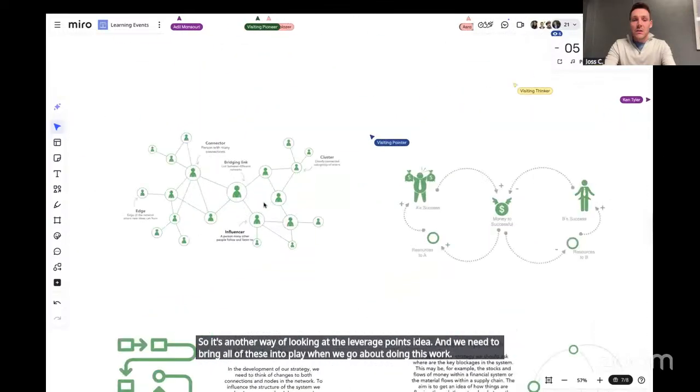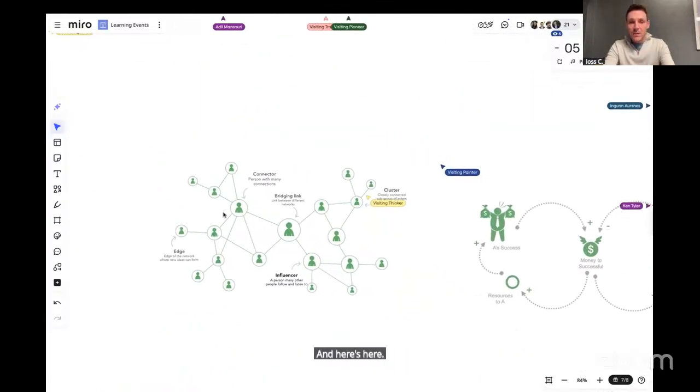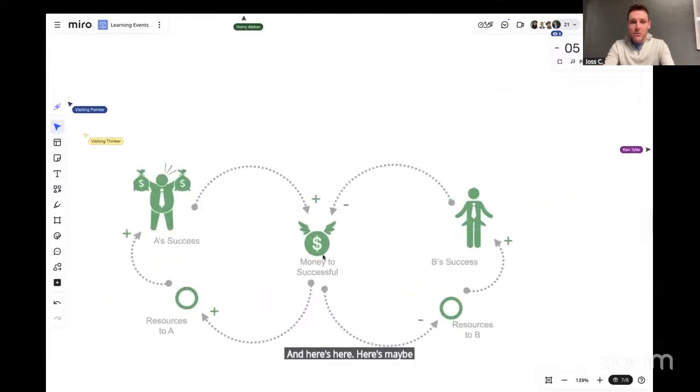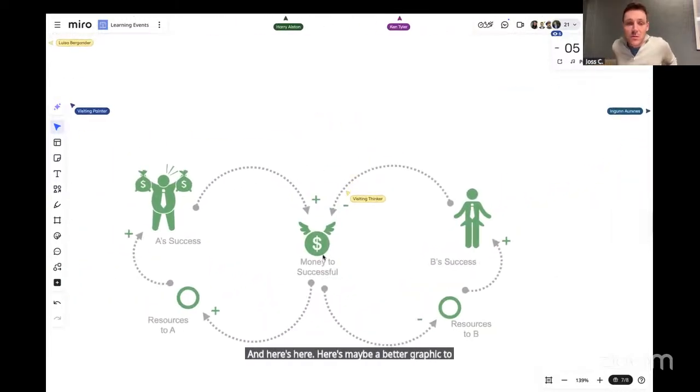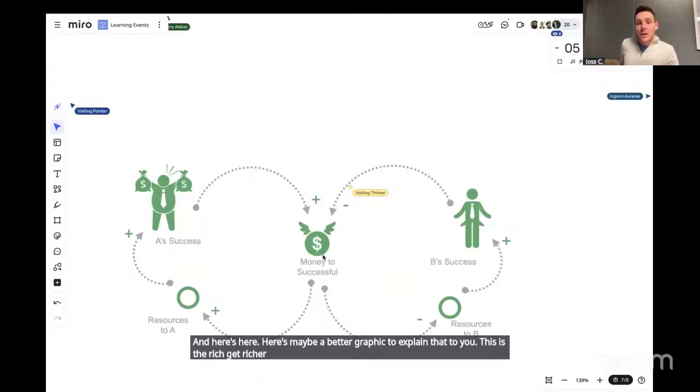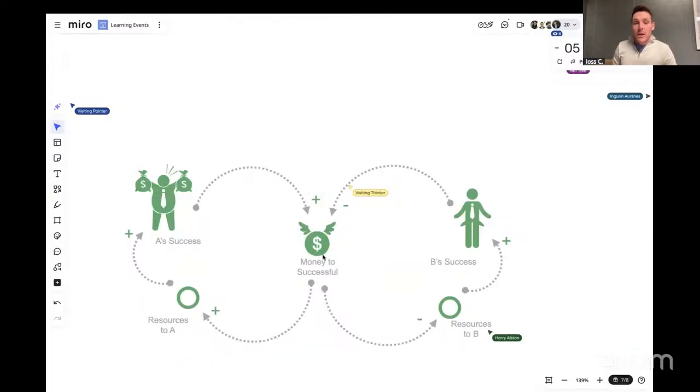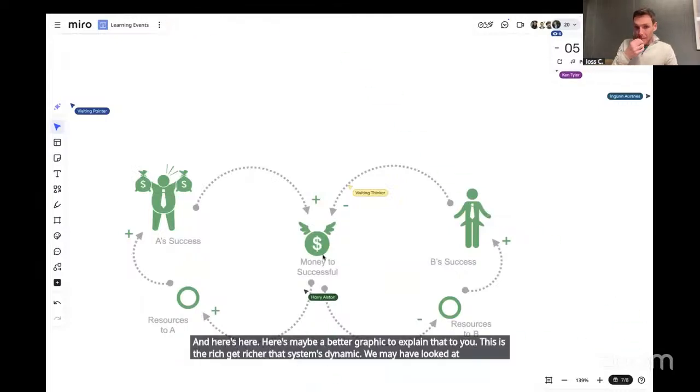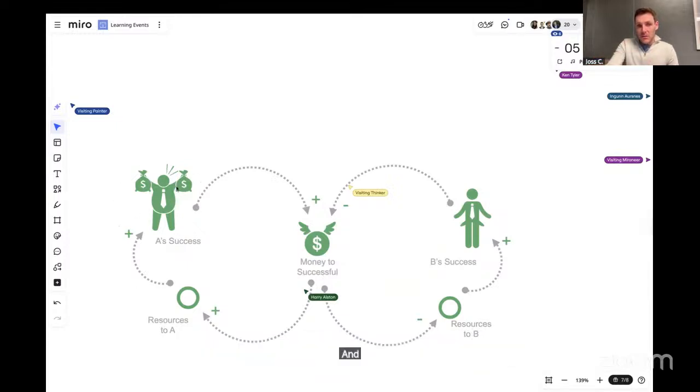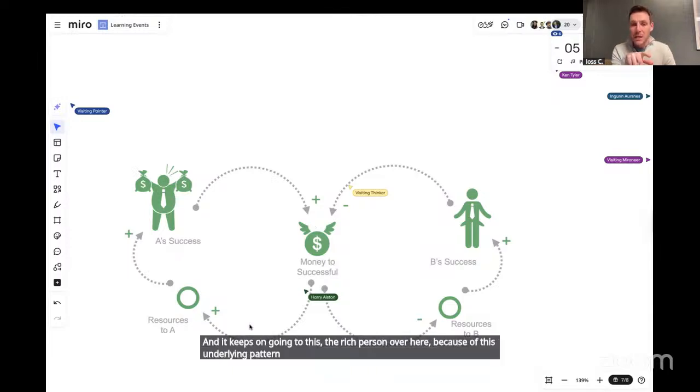And here's maybe a better graphic to explain that to you. This is the rich get richer systems dynamic. We may have looked at it last time, right? It's a systems dynamic model where money's coming in and we're thinking about who to give it to. And it keeps on going to the rich person over here, because of this underlying pattern, the underlying systemic dynamic.